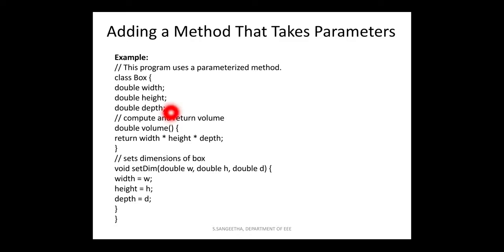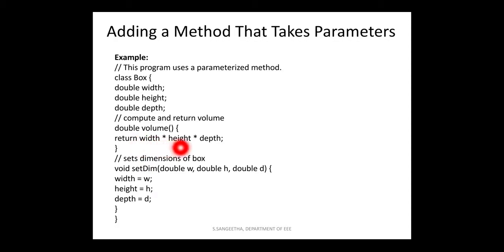As we already learned about parameterized methods in the previous classes, class Box has double width, double height and double depth. Next you have to compute and return the volume as we explained in the previous program: double volume, return width into height into depth.